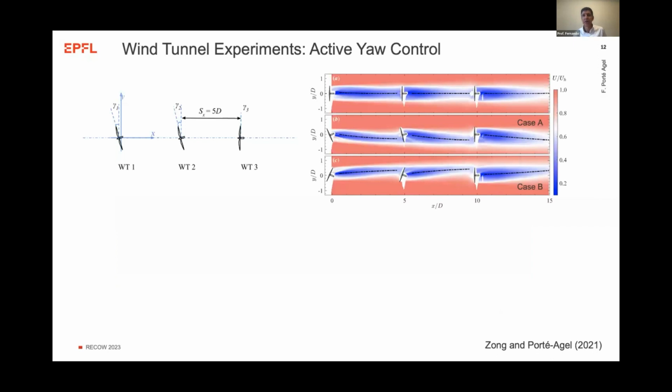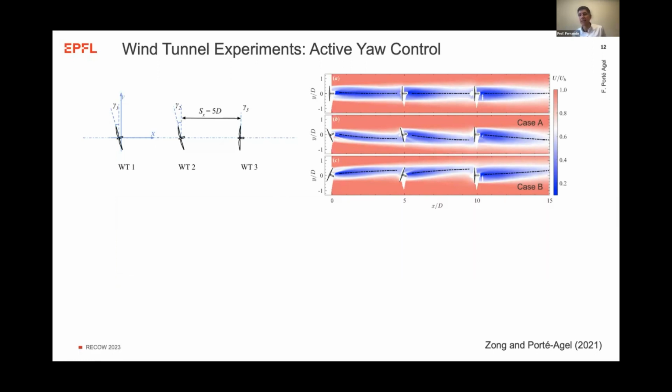This is from an experiment we did where we were trying to assess, as I mentioned before, this technique or strategy of active yawing, which means, okay, if we put 3 wind turbines and the wind comes from left to right, can I play with the angle of misalignment of the first and second turbine? The third one we didn't misalign. First and second turbine, what can I do to improve the power?